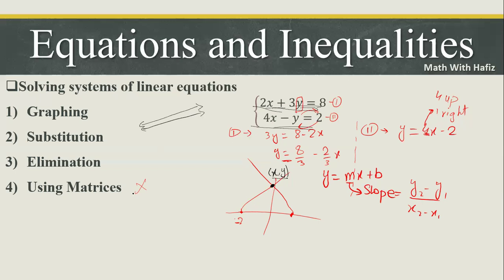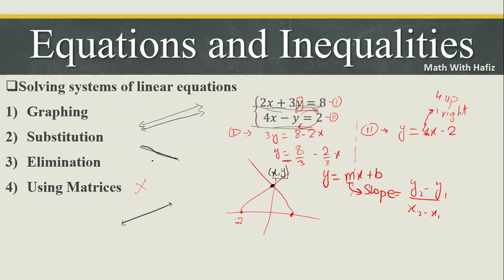On the other hand, if you have two lines that are the same, they will have infinitely many solutions. There will be infinitely many points where both lines intersect each other.